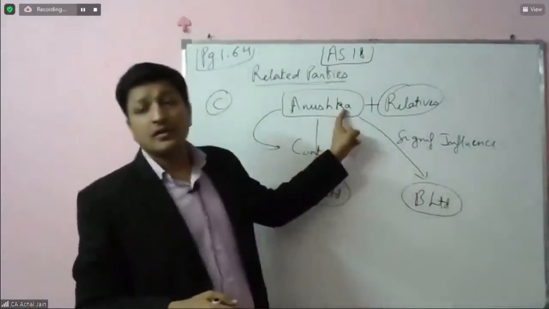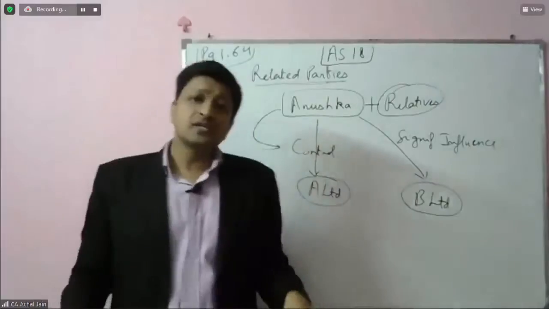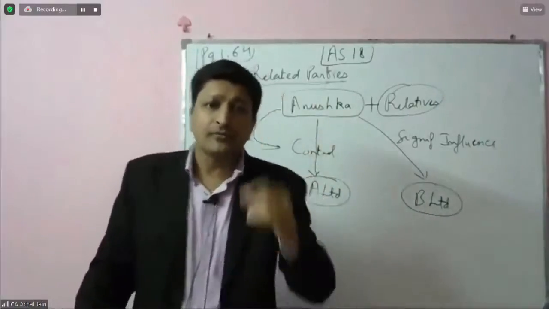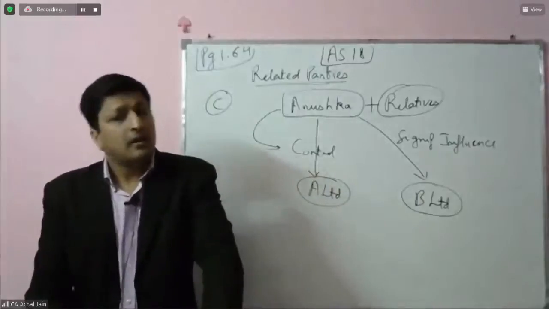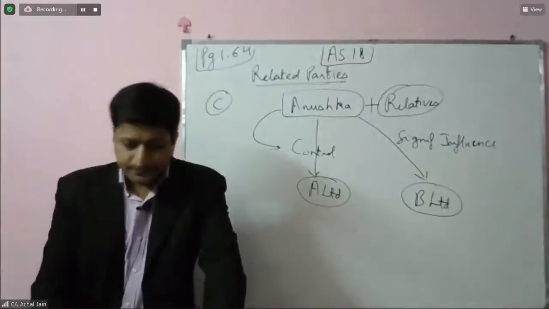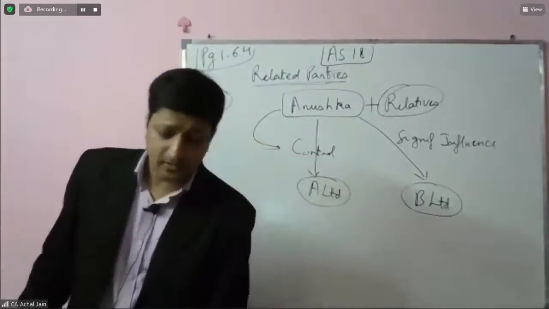Relatives of Anushka. They will also be considered to be related parties of A Limited and B. Clear? Yeah? Moving on to the next point, D.